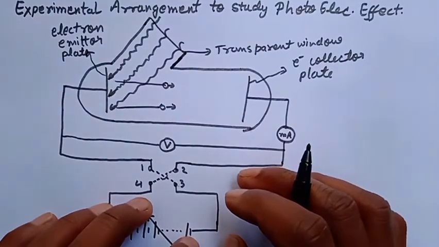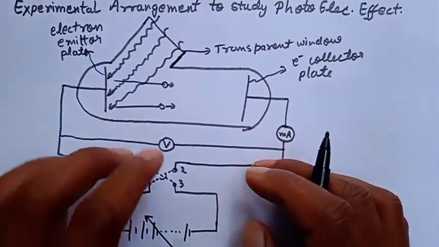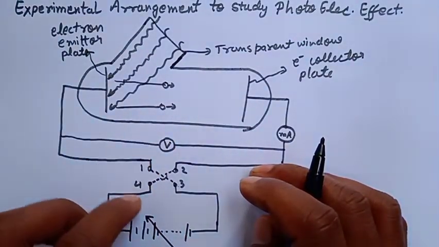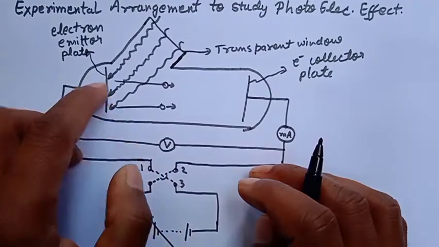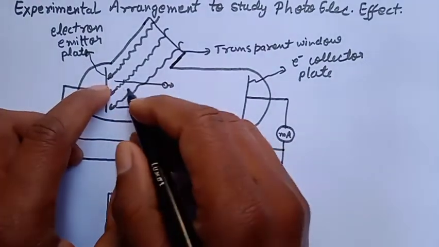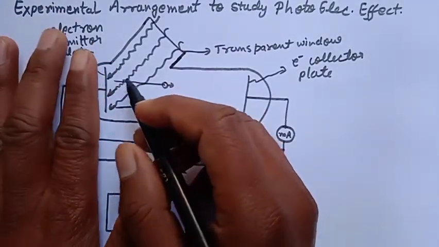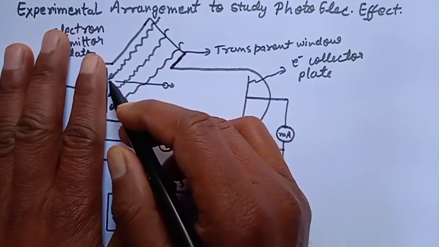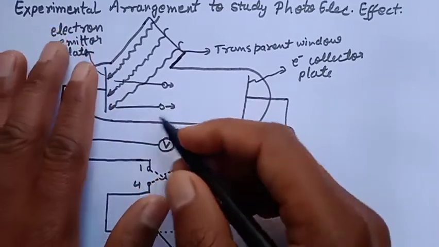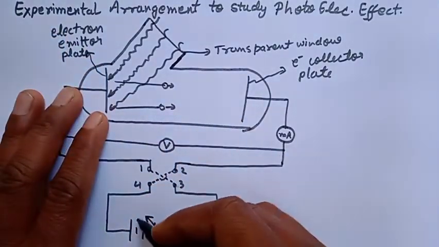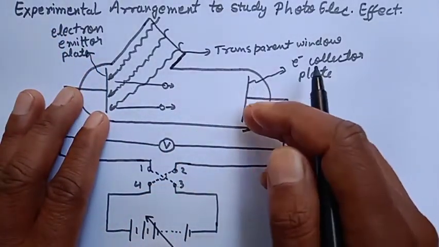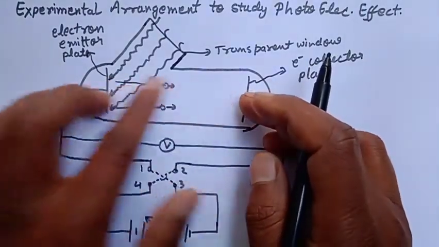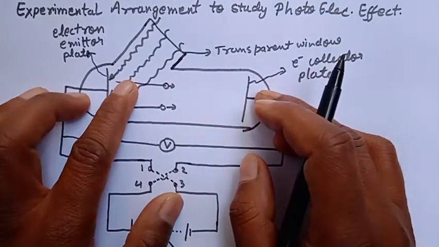Next thing, if we reverse the direction, that is if we connect 4 to 1, then the ejected electron is attracted toward the positive plate, or in other words this collector plate is at negative potential, so electrons are emitted and repelled from this collector plate.